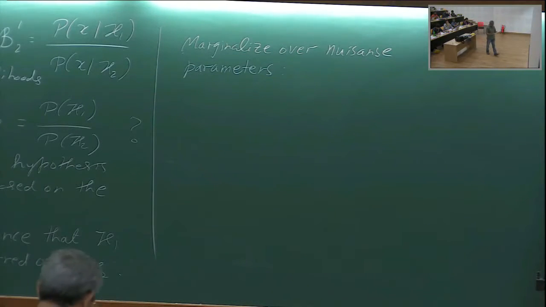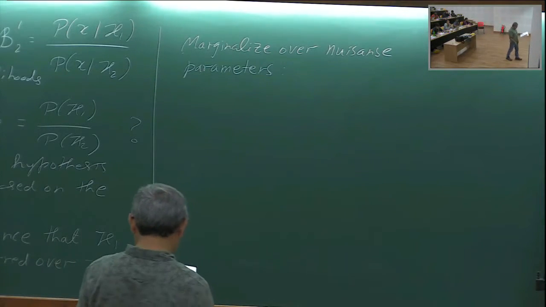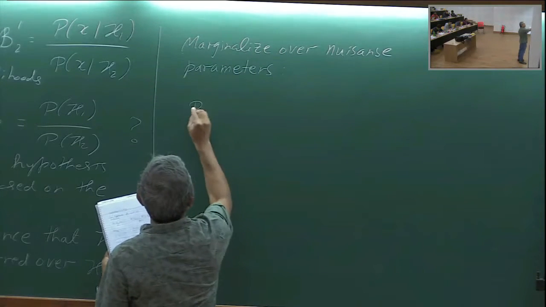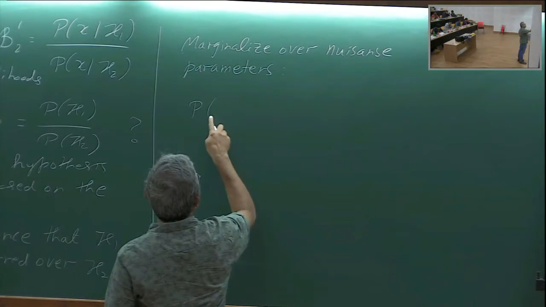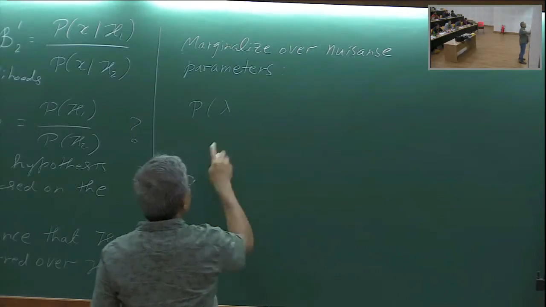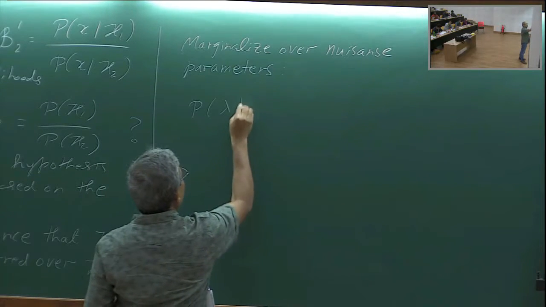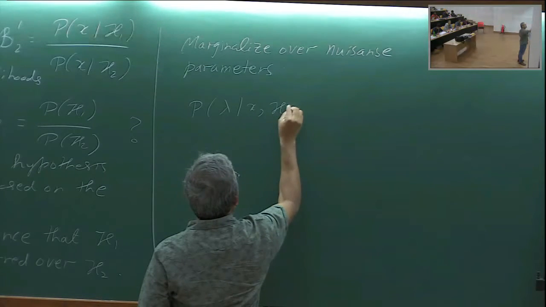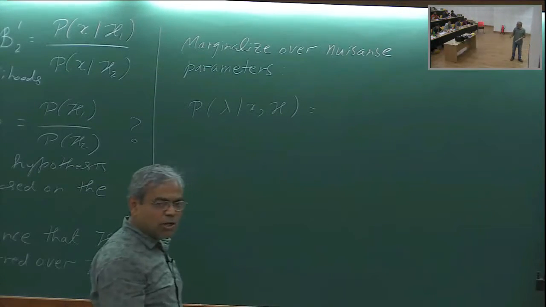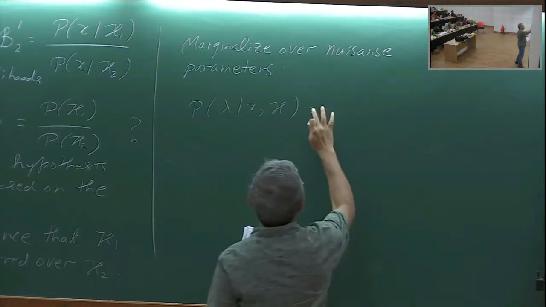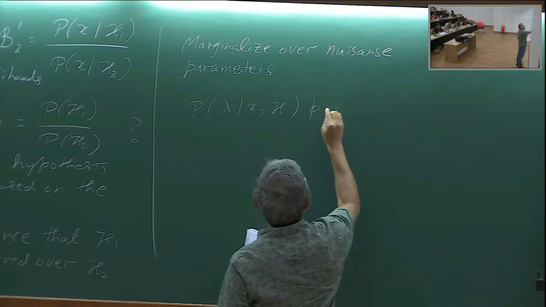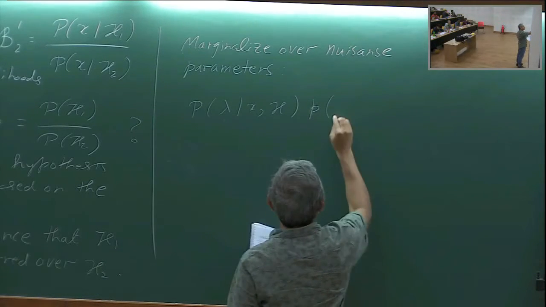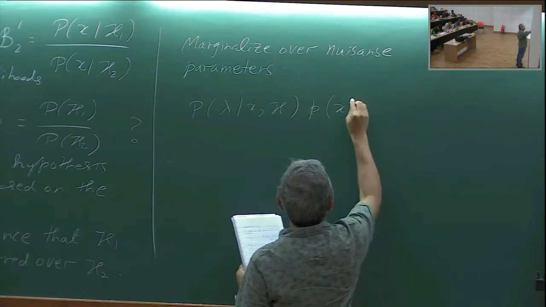So what is that? We know that the posterior probability of obtaining a certain parameter lambda given the data and a certain model H is, as usual, given by Bayes' theorem, except that this time I'm going to write the evidence on the left-hand side.